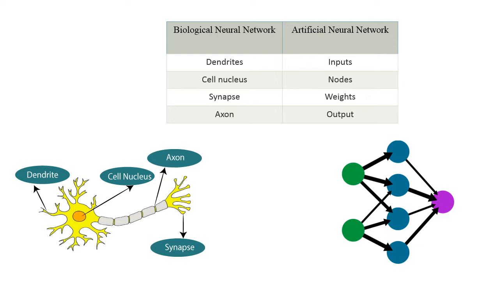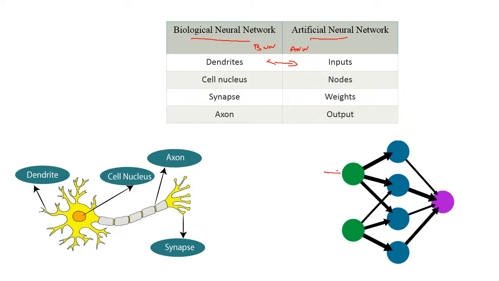And now let us see how the artificial neural network is related to the biological neural network. That is the relationship between BNN and ANN. So here in the biological neural network we have dendrites, and that is the same as input in the ANN.